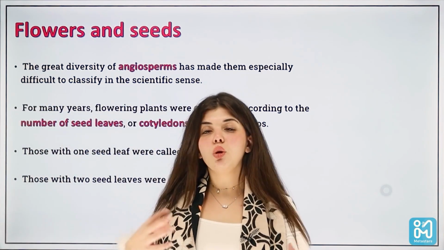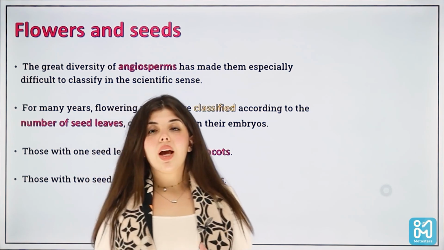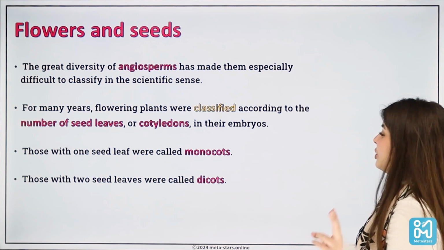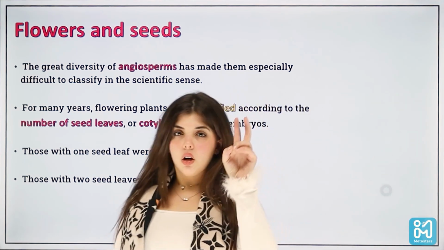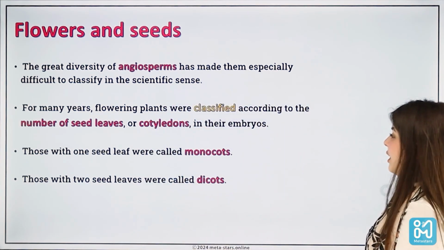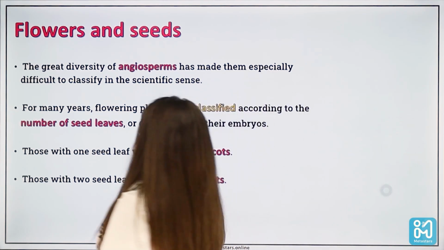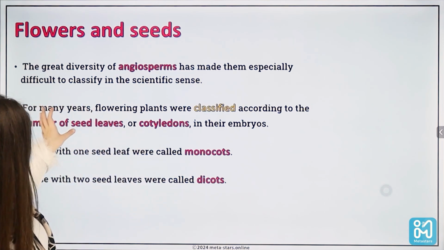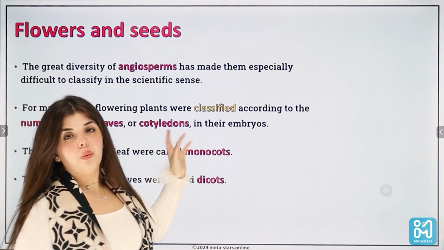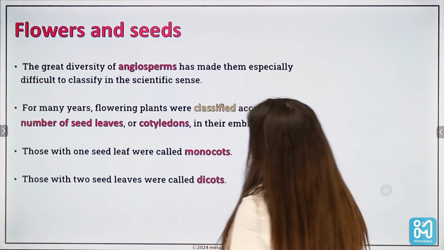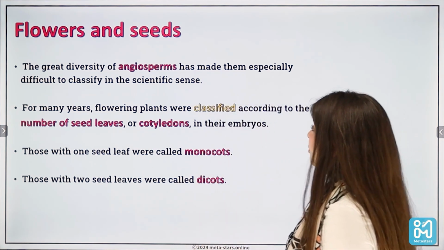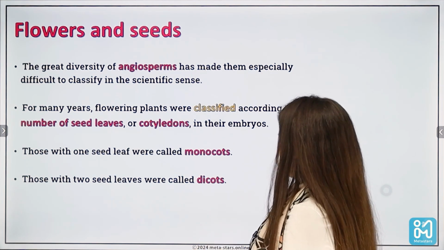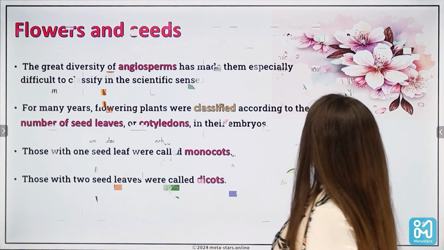So we have two types of flowering plants: monocots and dicots. Angiosperms, which are the plants that have seeds, have two types, monocot and dicot.